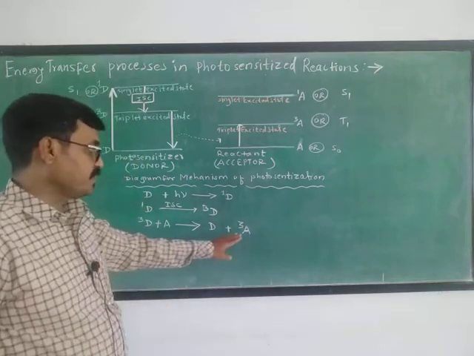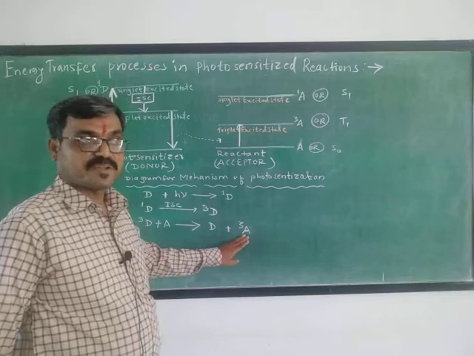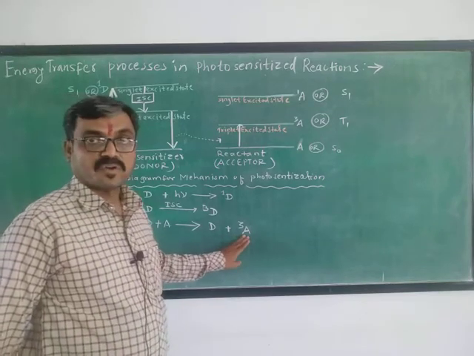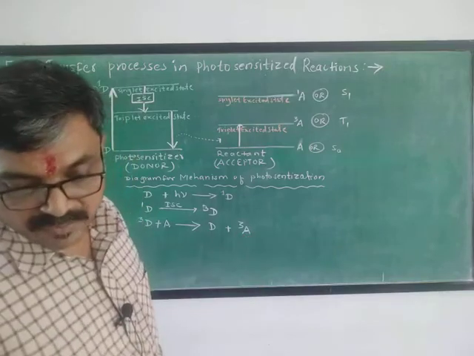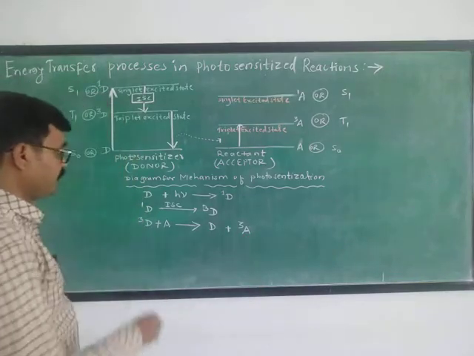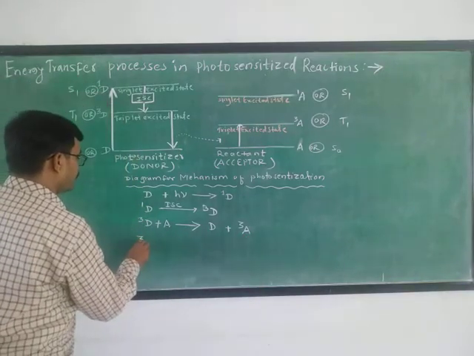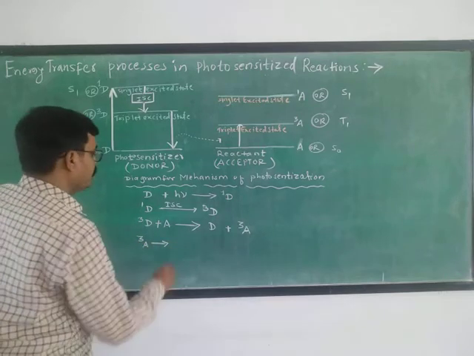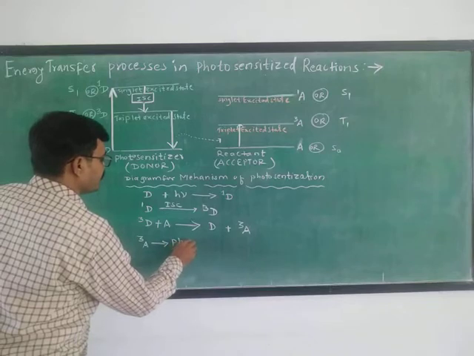And if this triplet state of the acceptor is responsible for the photochemical reaction, then it will be photosensitization. That's why we may write, if this A3 gives product, then it will be photosensitization.